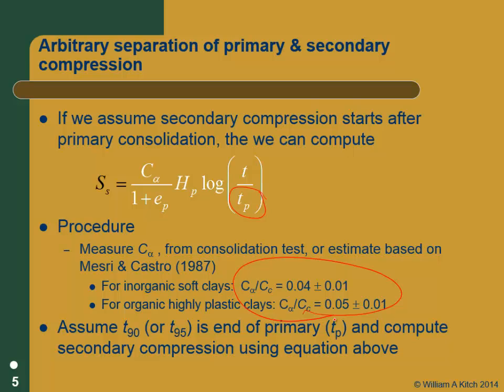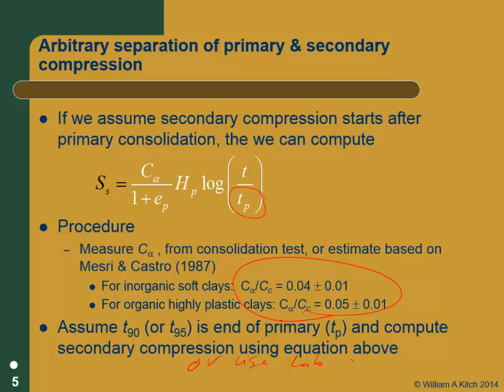So this is what I'm saying. You can either assume T90 or T95, or, and the thing I didn't say here, you can use the lab data, or use lab TP converted.